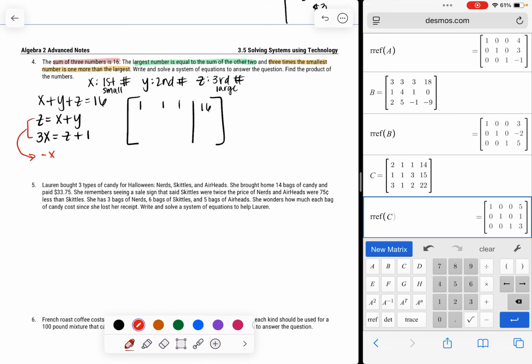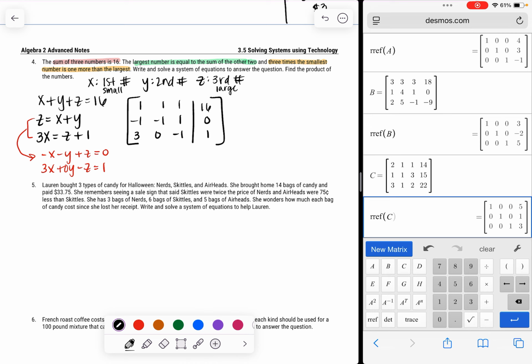I'm going to have negative X minus Y plus Z is equal to 0. I'm going to have 3x plus 0y minus z is equal to 1. And so those are the values that I'm going to put into my matrix.